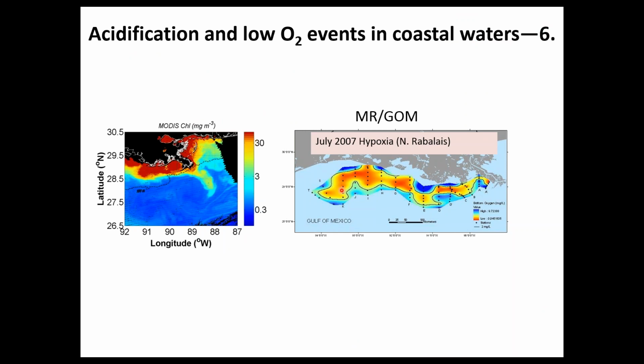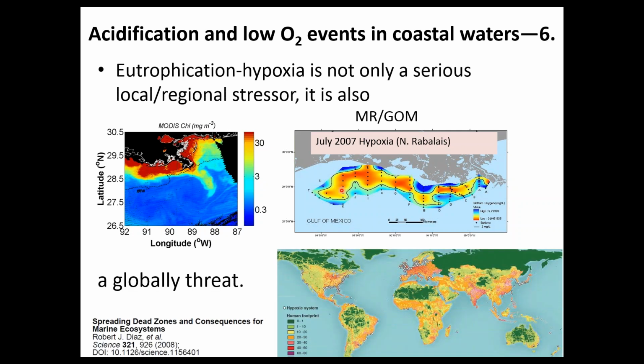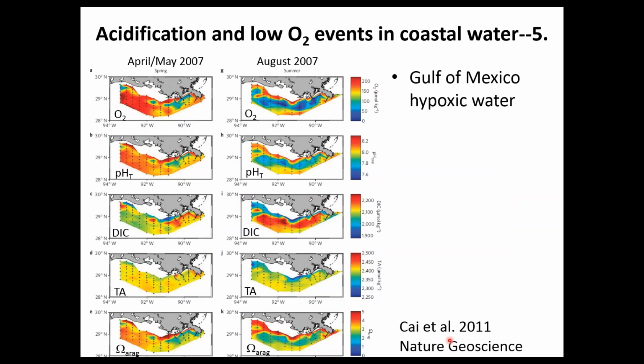So the Gulf of Mexico is a real good example because it's not just one system, and globally you have lots of places that have this double stressor, this anthropogenic CO2 and eutrophication. This is a study my group did, a survey in May and August 2007.